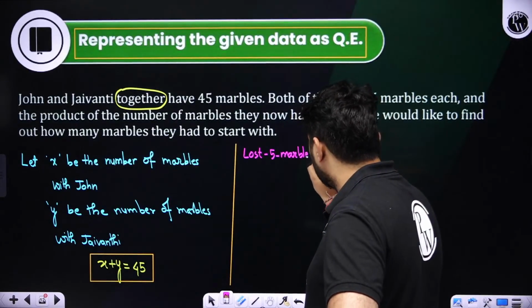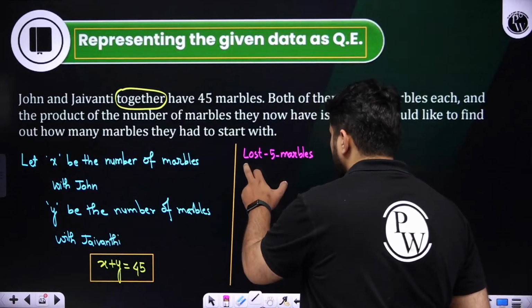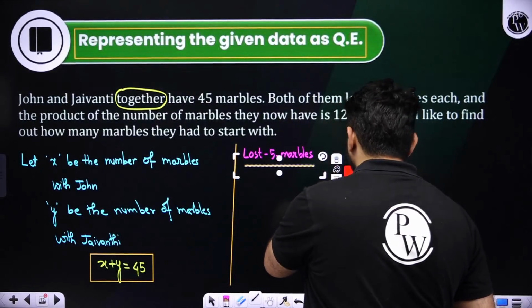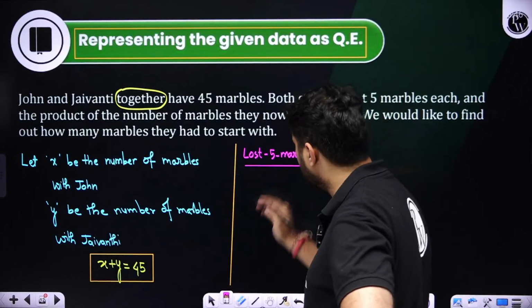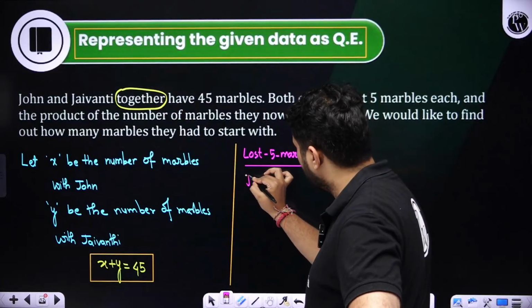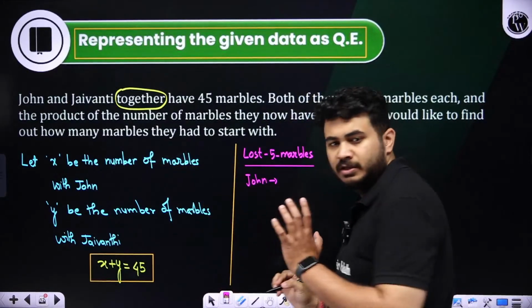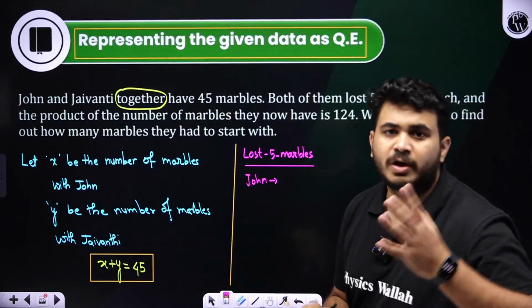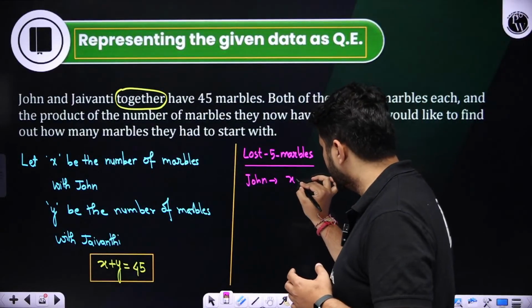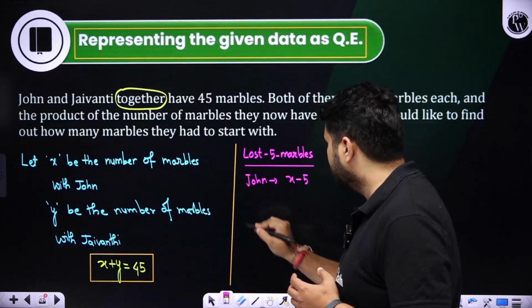So if both of them lost 5 marbles, John was having x, he lost 5 marbles, so now how much he has? x minus 5.